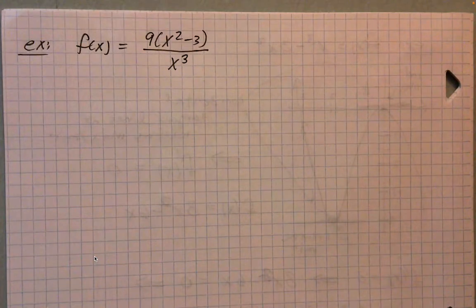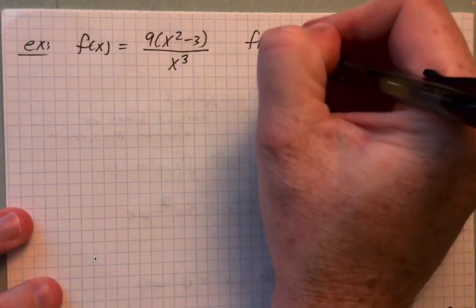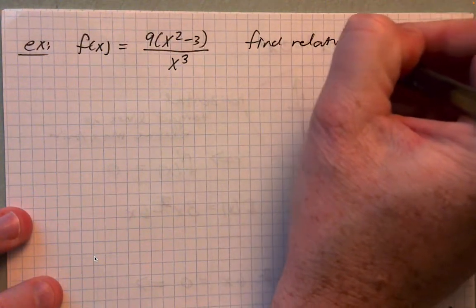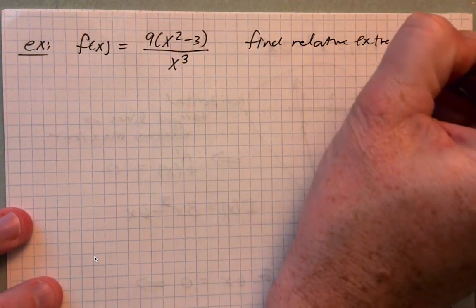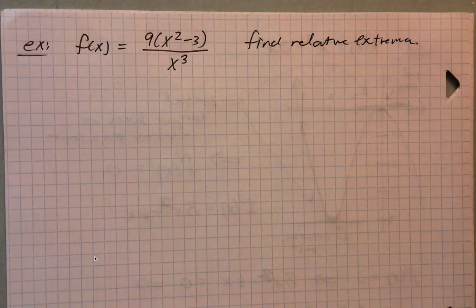So let's say we want to find the relative extrema of this function. Okay, so find whatever the peaks and find the valleys. So this time we're not going to graph it. We're going to just try to calculate it. We're going to try to figure out where they would be based purely on the derivative.